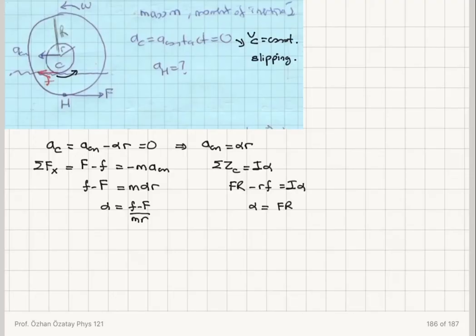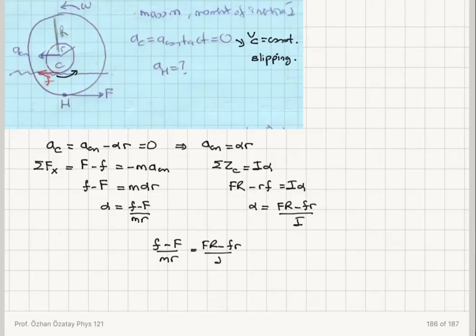So that will determine alpha. So alpha in this case is equal to F r minus capital F small r divided by I. So basically I'm also taking alpha in the counterclockwise direction. Okay, so these two should be the same.